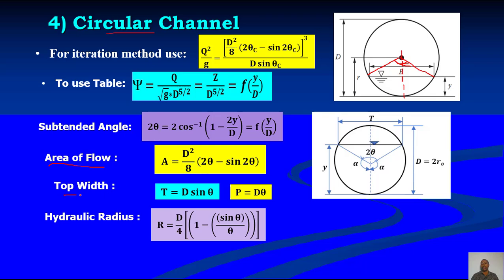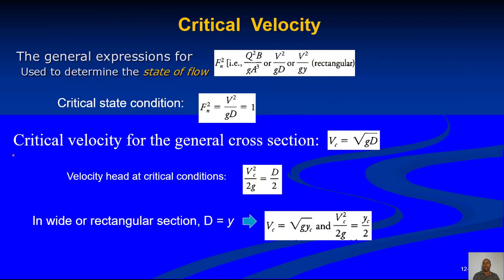Then top width, T equal to d sine theta, P is equal to d theta, and hydraulic radius is d over 4, 1 minus sine theta over theta. So these are for the circular channel. You can calculate critical depths with table or iteration.